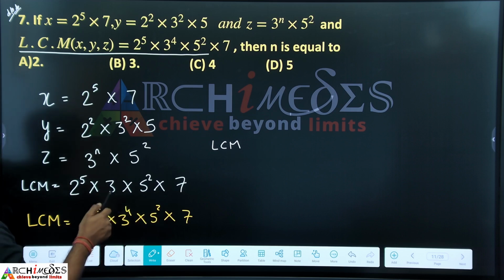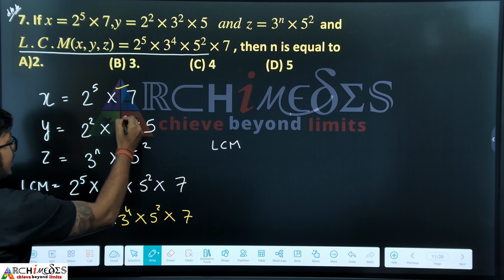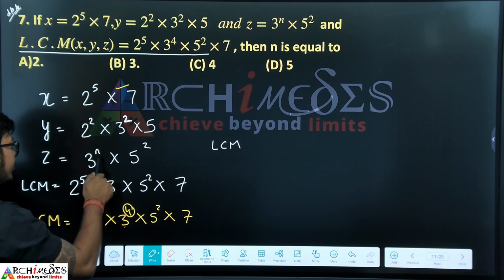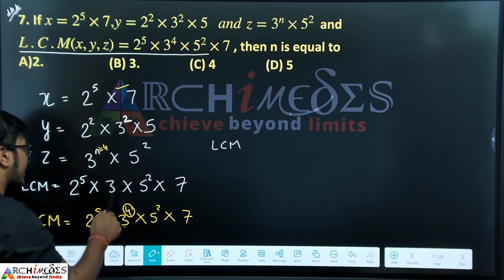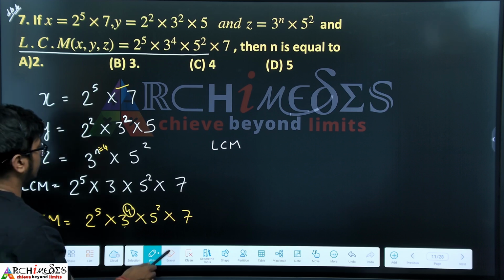What about 3? 3 is not present in x, and only 3 squared is present in y. According to the question, the LCM contains 3 to the power 4. So definitely this should be 4, otherwise the LCM cannot be this answer. Check it. Okay, listen here.